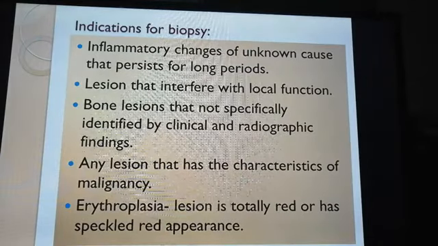Number 5, inflammatory changes of unknown cause that persist for long periods. Number 6, lesions that interfere with local function. Number 7, bone lesions that are not specifically identified by clinical or radiographic findings. Number 8, any lesion that has the characteristics of malignancy. Number 9, erythroplasia: the lesion is totally red or has a speckled red appearance.